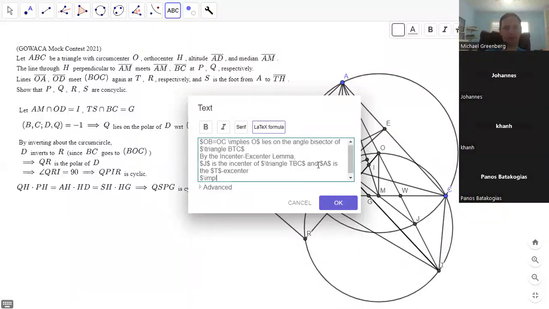And that means that we have a harmonic conjugation. So that means that TOWA is harmonic.